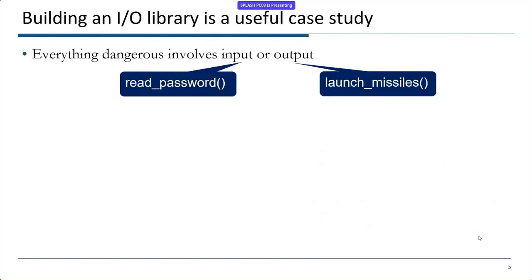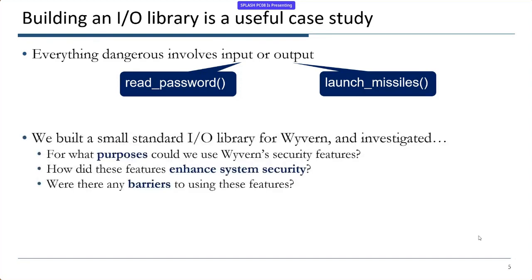So we chose to build an I/O library for Wyvern as our case study. I think it's useful for thinking about security because just about everything dangerous involves input or output. You're reading a password, that might be dangerous because maybe that's supposed to be a secret. You're launching missiles. Geez, I hope that doesn't happen in the real world.